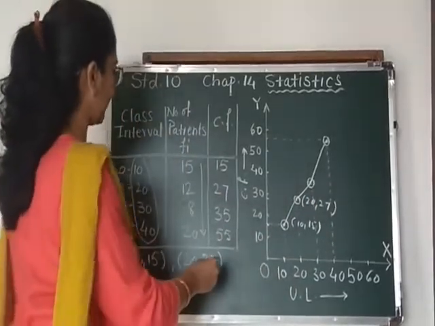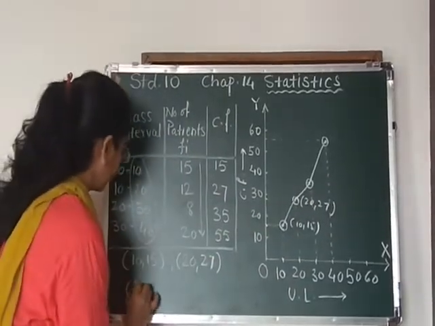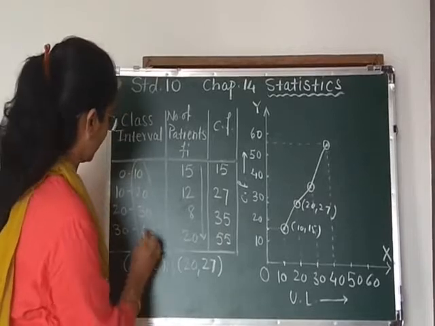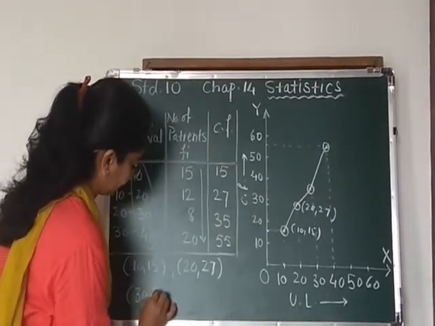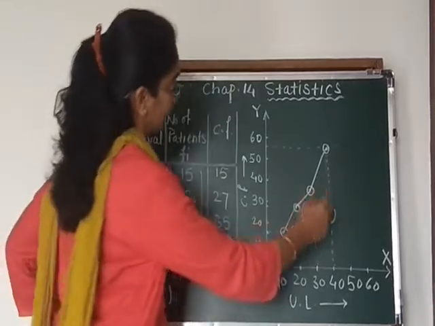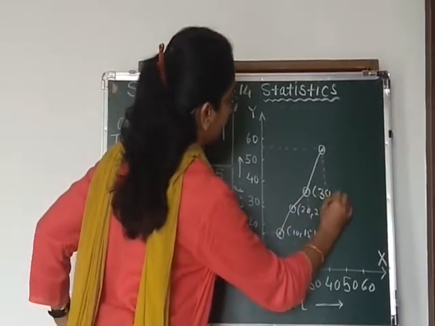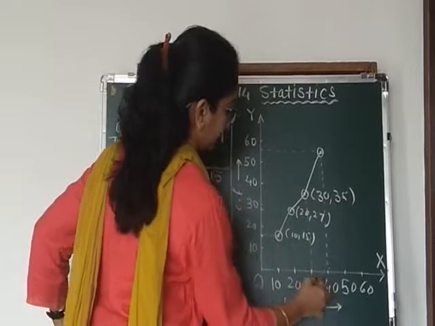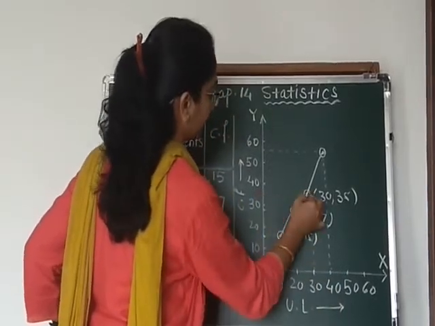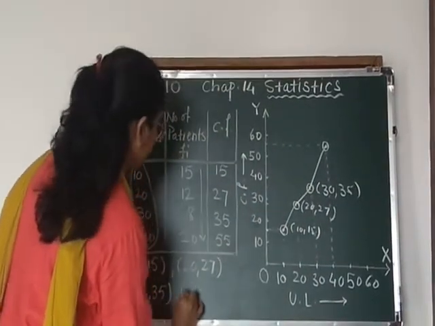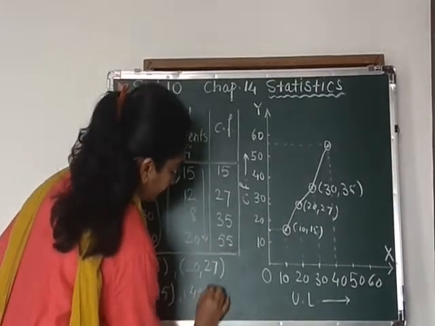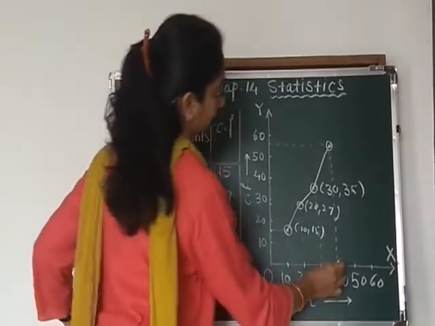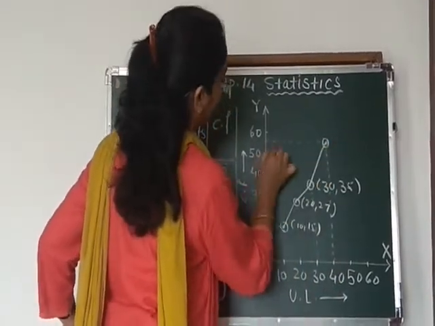The next point is 30, 35. Upper limit, that is 30, 35. So here this is your point 30, 35. And the last point is 40, 55. Now plot this point, 40, 55.